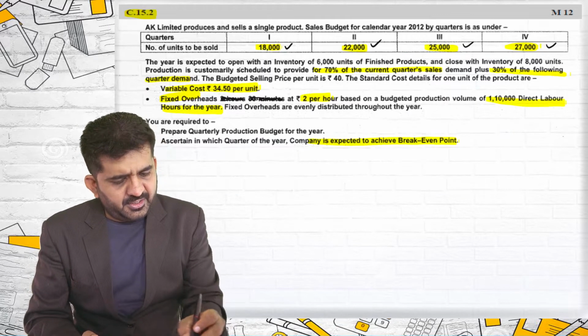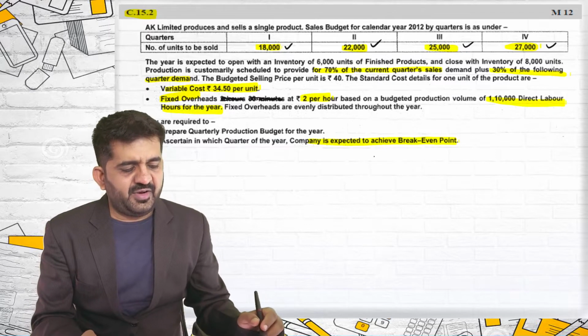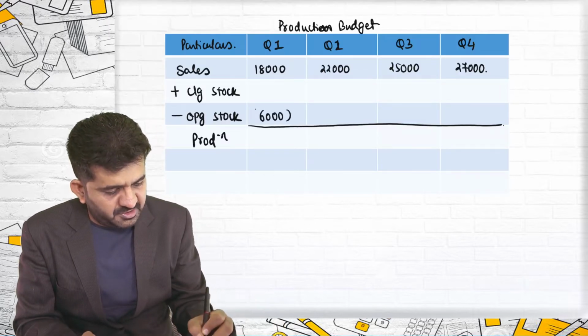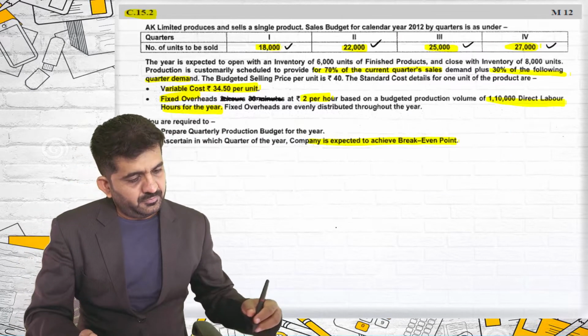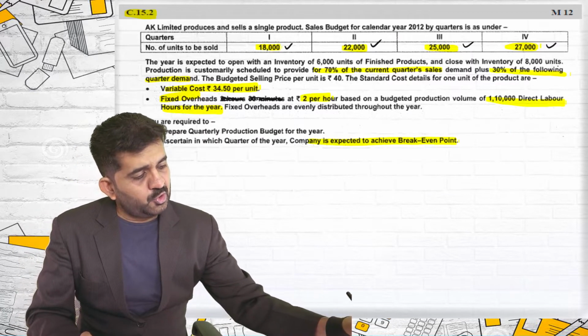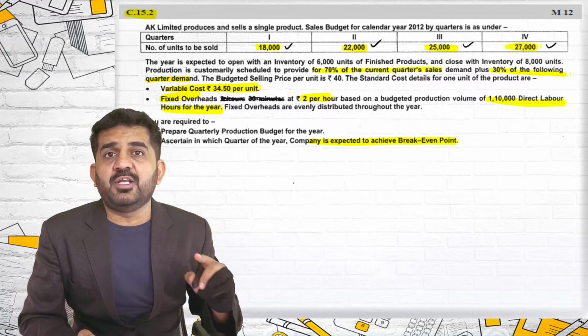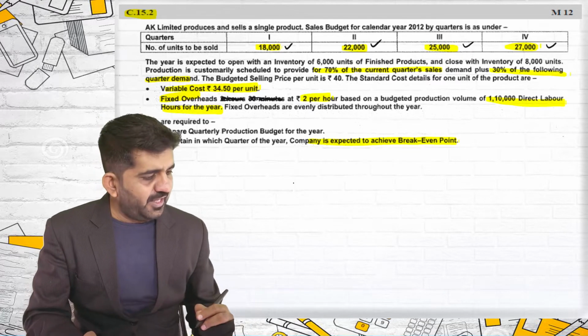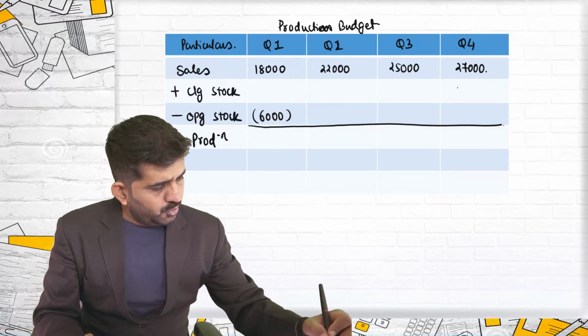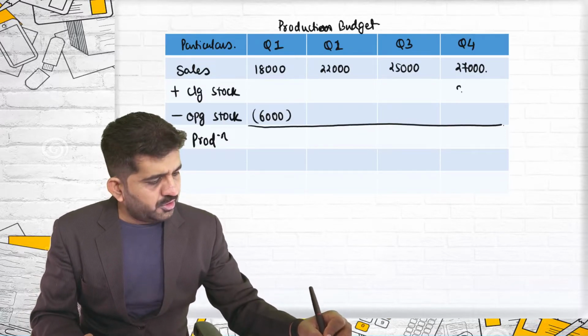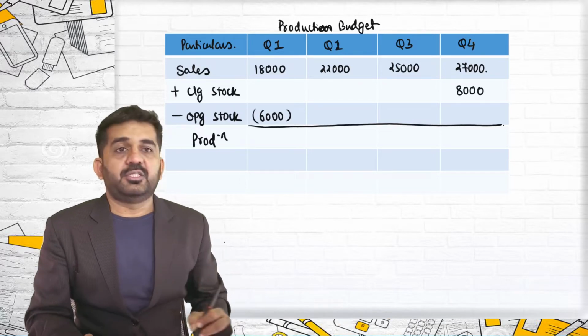What will be closing stock is given? The year is expected to open with an inventory of 6,000 units. So opening stock of quarter 1 is given, which is 6,000. And close with an inventory of 8,000 units. So closing stock at the end of 4th quarter will be 8,000 units.